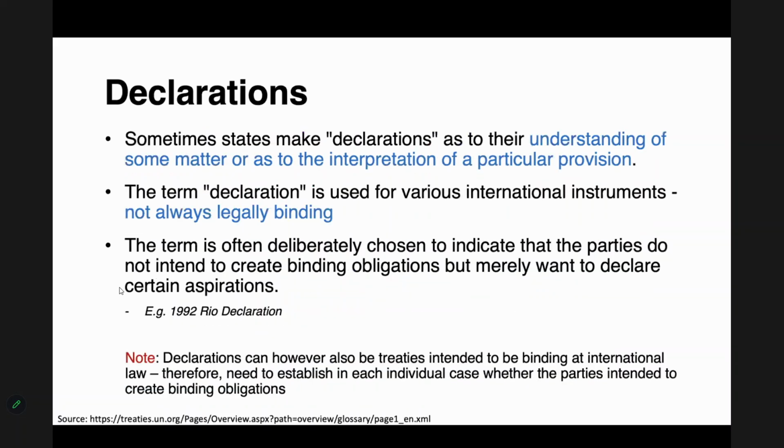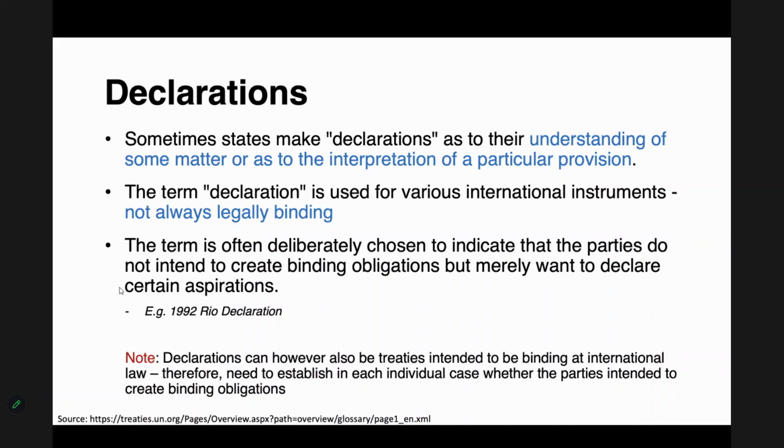And then on the other hand, there can be things called declarations. I think the first time we met, we talked about the Rio Declaration. This can be something that is not legally binding, but provides an interpretation or an understanding about a certain issue, that you agree to do something, but it might not always be legally binding.